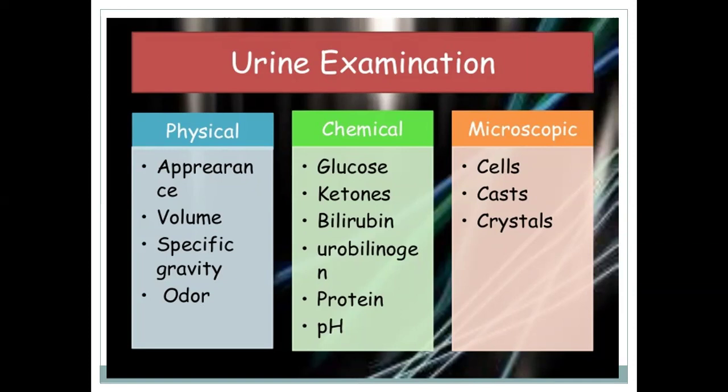As far as the physical appearance or color of urine is concerned, urine is yellow in color, and this yellow color is due to the presence of the pigment urochrome. Normal color of urine is pale to amber, and straw color is seen in urine with low specific gravity.